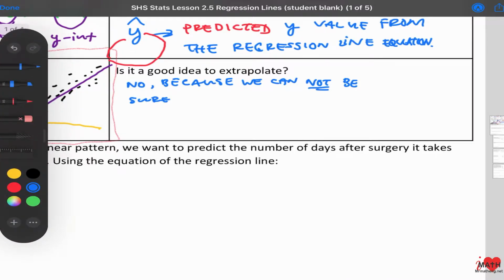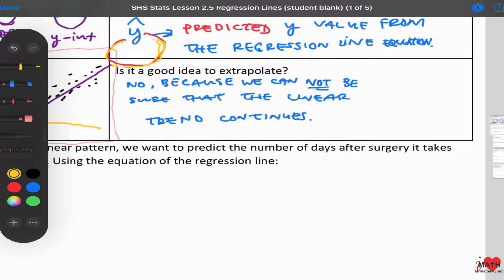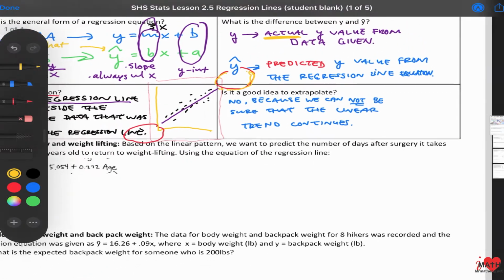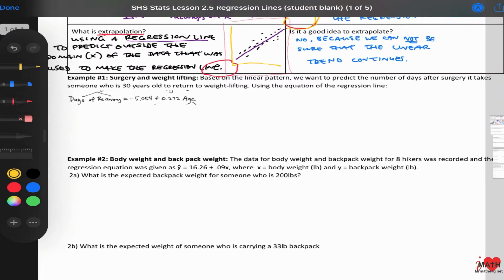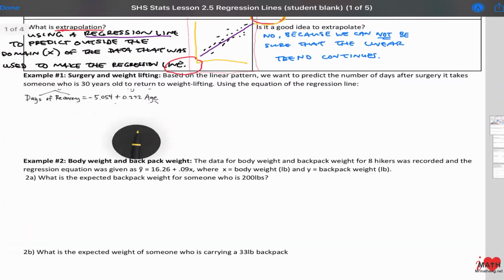Can't be sure that the linear trend continues. So back up here again, we're not sure that it's actually still linear, the data looks like a linear trend.